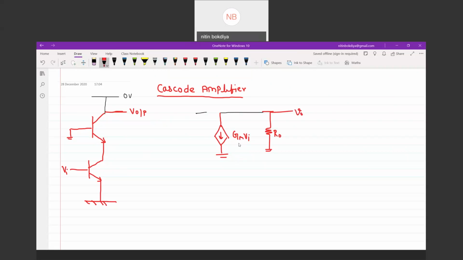So first we want the overall transconductance Gm, equivalent to the overall transconductance, and I am interested in RO also. RO is the output resistance.